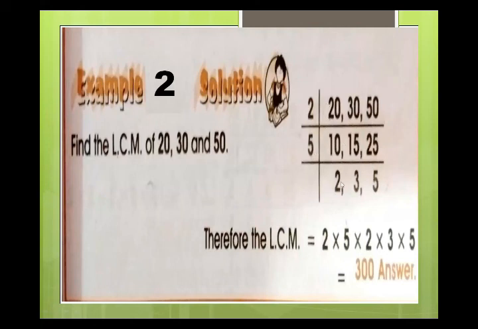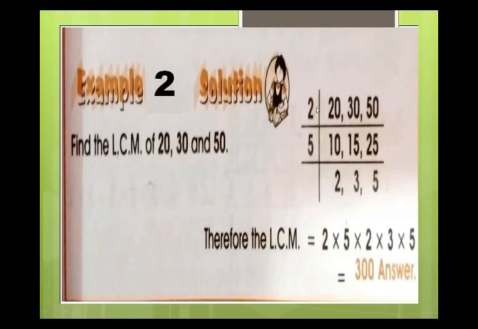10 divided by 5 is equal to 2. 15 divided by 5 is equal to 3. And 25 divided by 5 is equal to 5. Here you see that we have the remainders 2, 3 and 5. All these three numbers are prime numbers. That's why we stop here and take all these numbers.